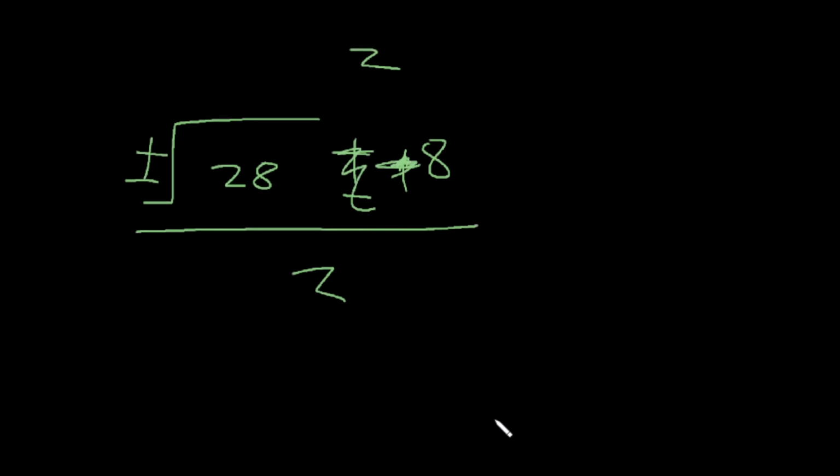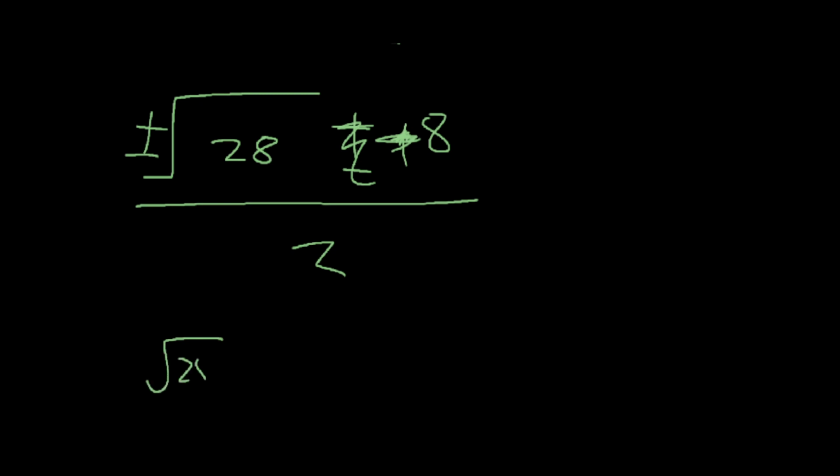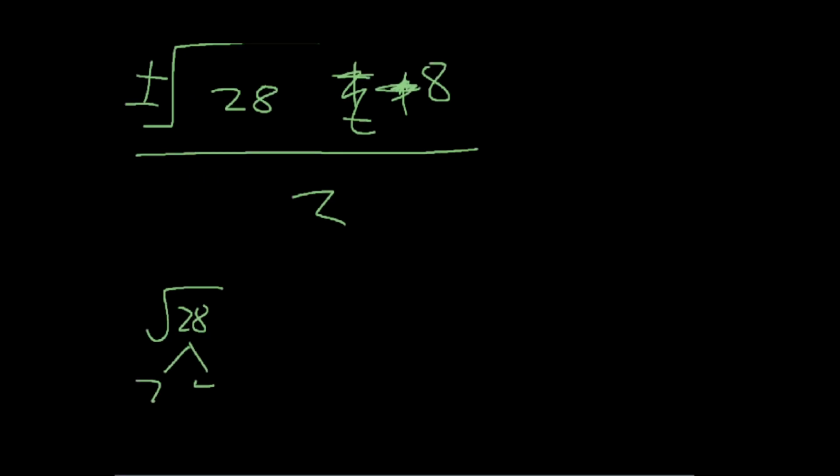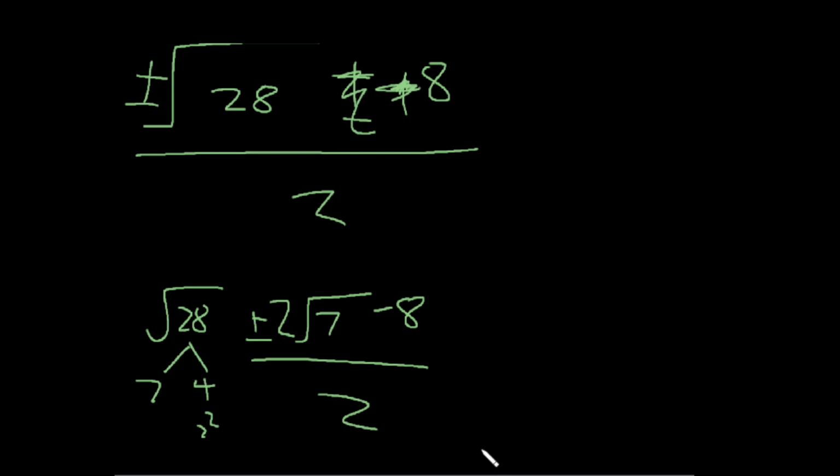So square root 28, that's 7 and 4, that's 2 squared, so that's 2 square root 7, plus or minus, minus 8 over 2, cancel out the 2's, so now you get plus or minus square root 7, minus 4. No, my bad.